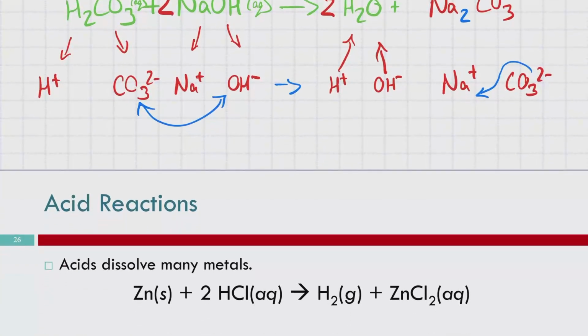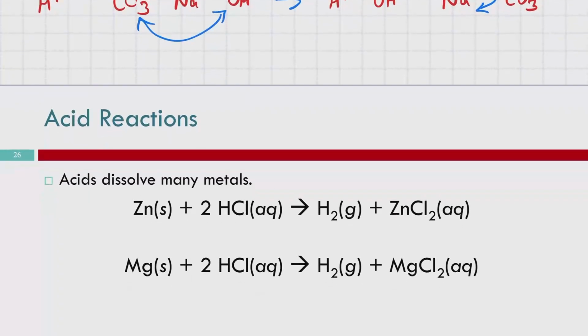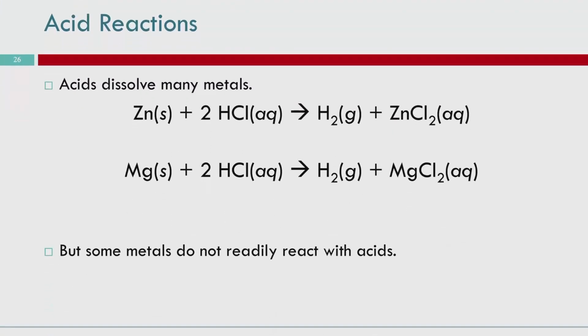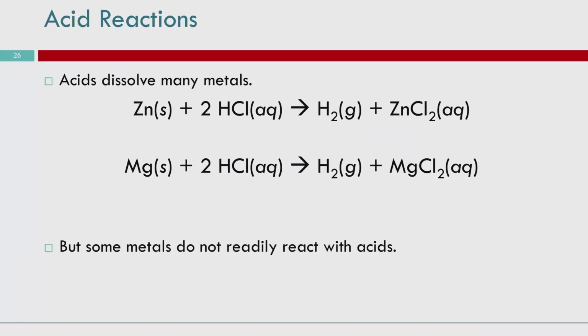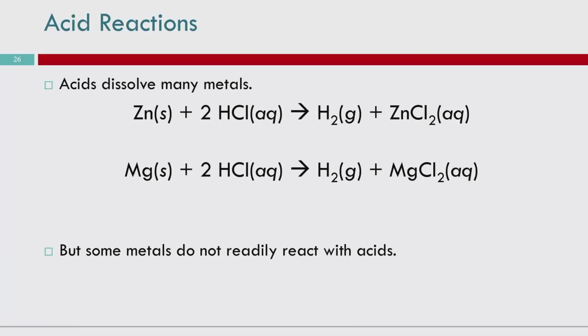Acids will also react with metals. So one of our fun facts about acids was that they dissolve many metals, not all metals, hashtag not all metals, but many metals.